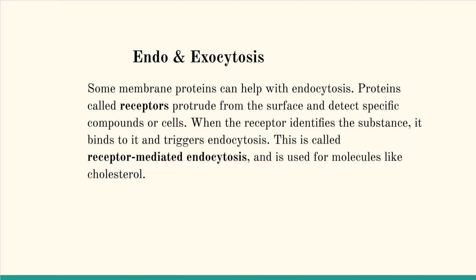This is how the cell ensures that it's targeting the correct chemical. We call this process receptor mediated endocytosis, exactly because we're using a receptor to trigger the endocytosis and make sure it happens in the same place. This is very common for chemicals like cholesterol.